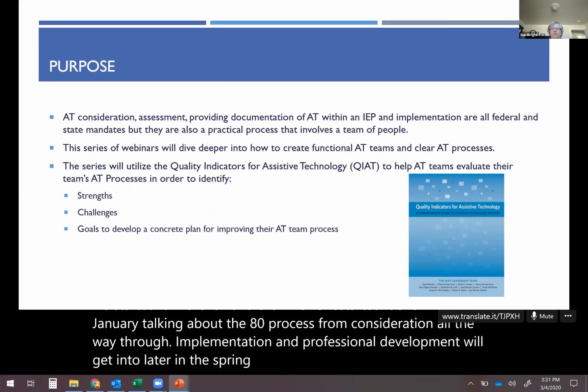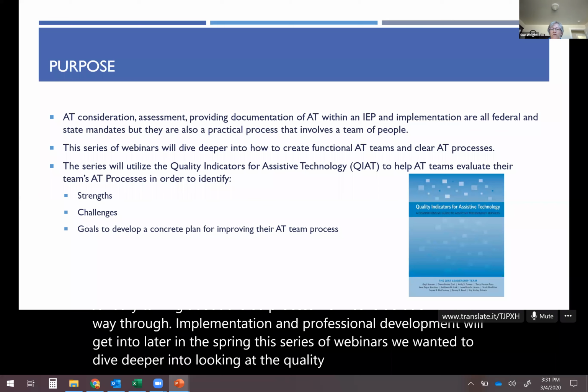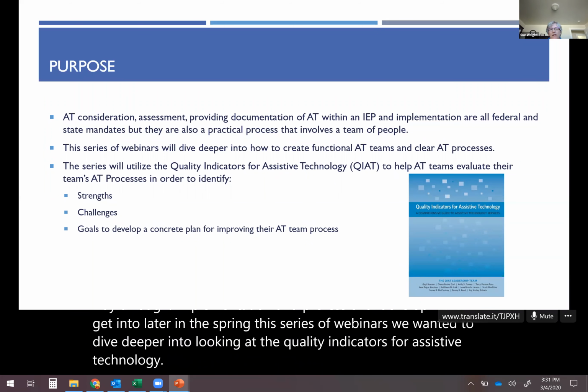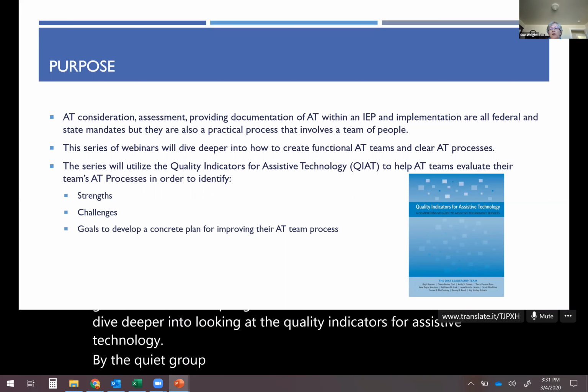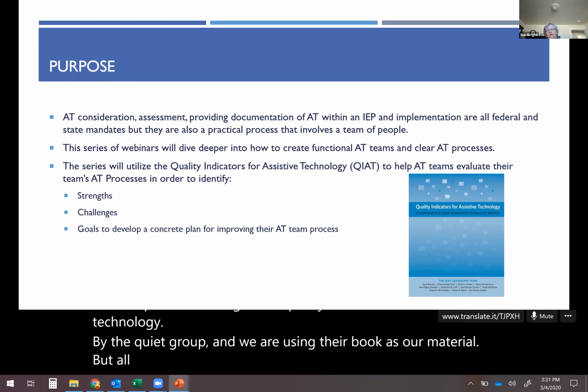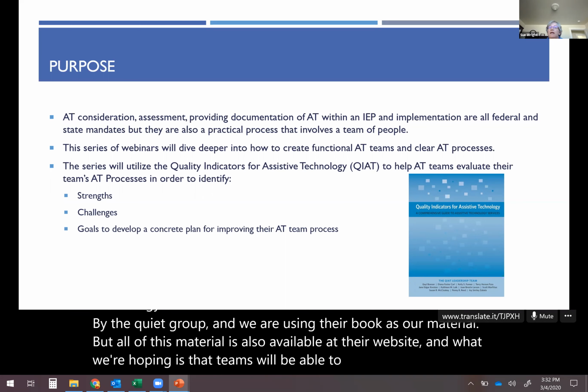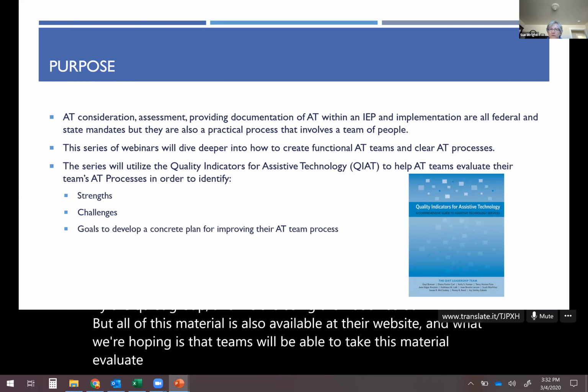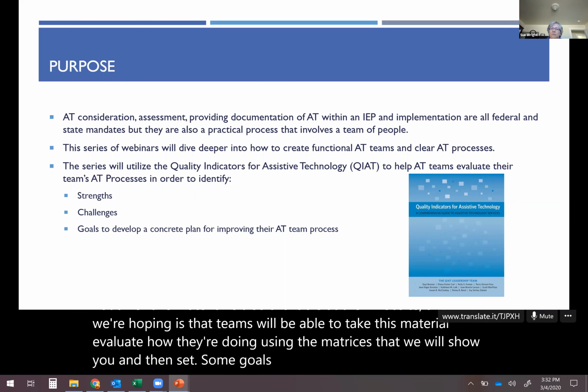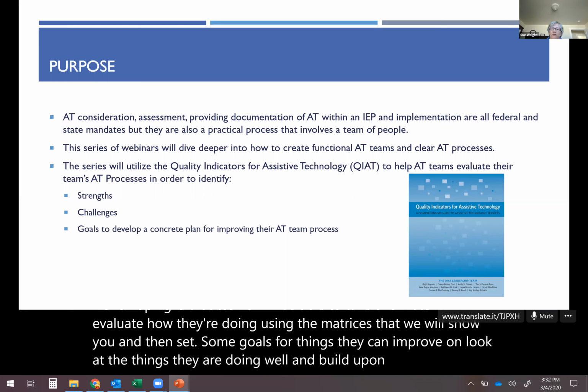This series of webinars, we wanted to dive deeper into looking at the quality indicators for assistive technology by the QIAT group, and we are using their book as our material, but all of this material is also available at their website. And what we're hoping is that teams will be able to take this material, evaluate how they're doing using the matrices that we will show you, and then set some goals for things they can improve on, look at the things they're doing well and build upon that, and just use this as a way to move their processes forward.